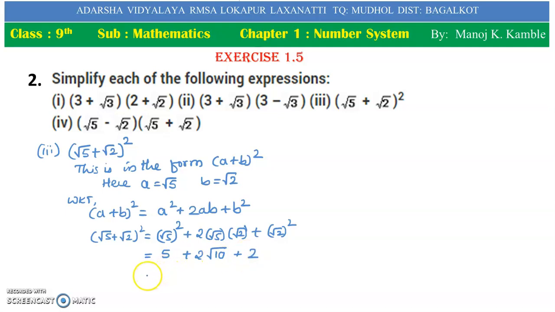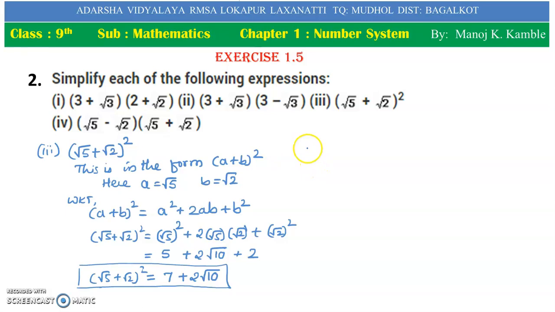While simplifying, it becomes 5 plus 2, that is 7, plus 2 root 10. So this is the simplification. We cannot go further here. So this is the solution for Roman 3.